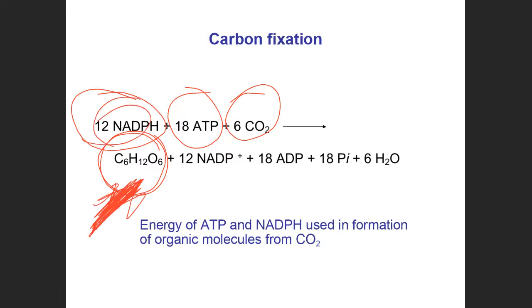in the NADPH. So we need 12 molecules of NADPH, 18 molecules of ATP, and 6 CO2 to produce 1 molecule of glucose, C6H12O6.